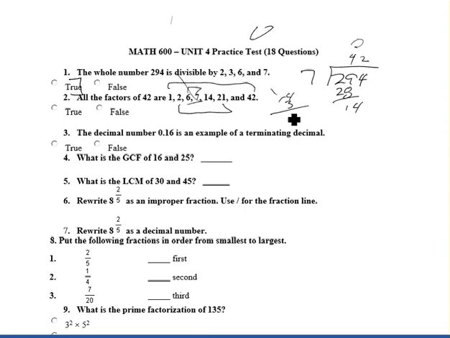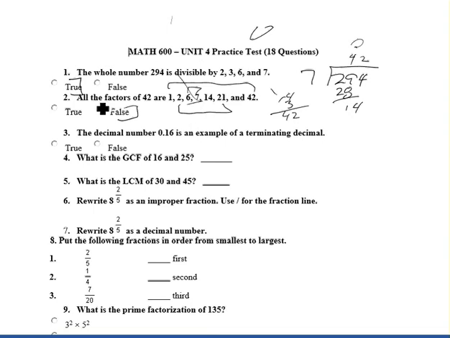So we're missing a 3. Everything else matched up, so this is false. The other thing you could have done is notice that there's nothing to match up with the 14 times what. So there's either too many or not enough, but it's not all of them.